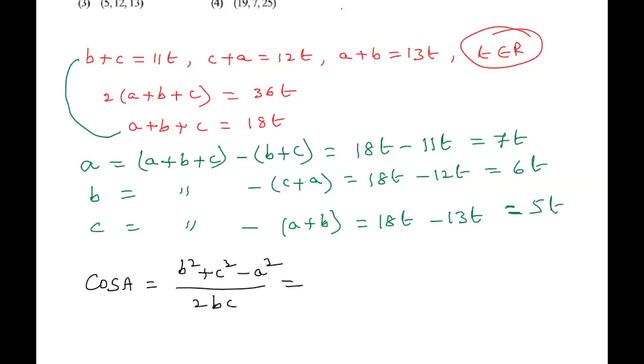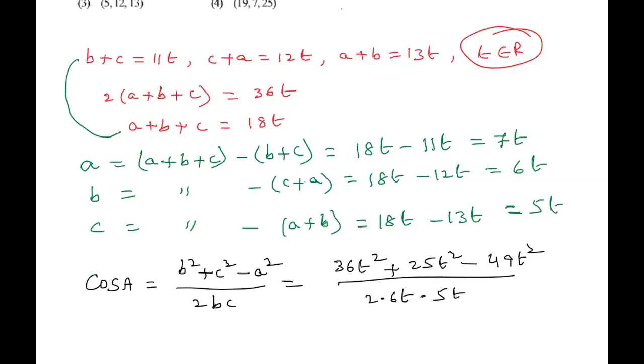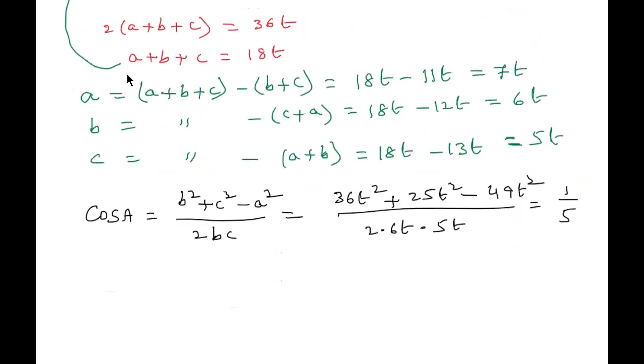B² means 36T², C² means 25T², minus A² means 49T², divided by 2 times B, 6T, times C, 5T. Take T² common in the numerator, the denominator T² cancels, and calculate the total. You will get 1/5. Do the calculation yourself. This is not difficult, it is easy.